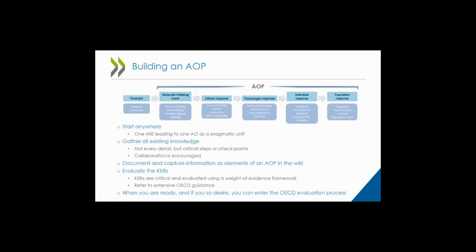And the AOP framework and the wiki and the documentation is all designed to encourage collaboration. The next step is to document and capture this information as elements of an AOP in the AOP wiki. As part of this process, you evaluate the information that supports your key event relationships.